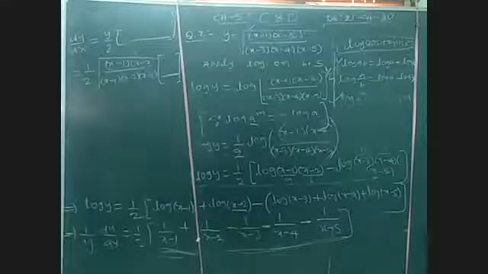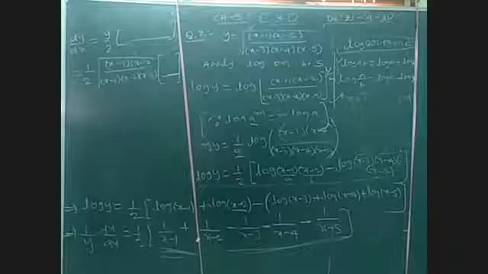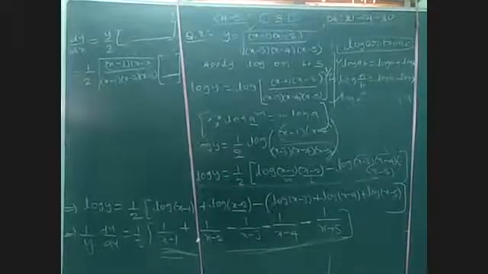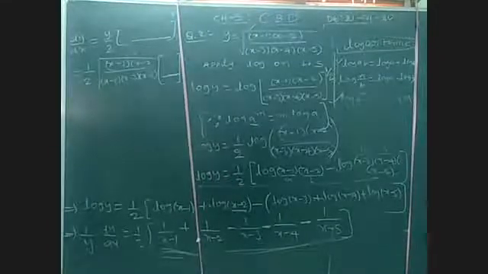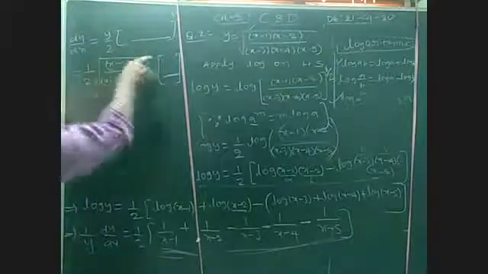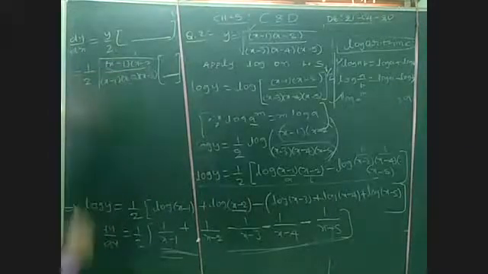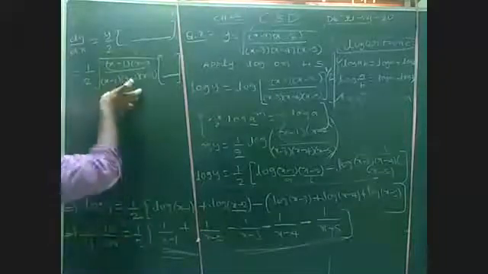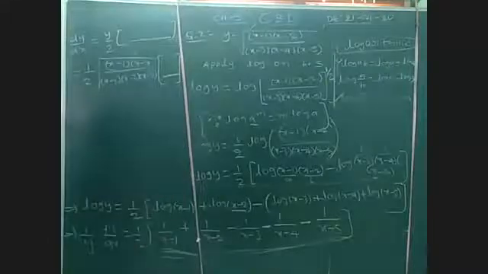Sir, no need to simplify that, sir? No need to simplify. If it is easy, you can simplify. See here, a square root will be there. How can you simplify here? If it is possible, if it is easy to simplify, you can simplify.